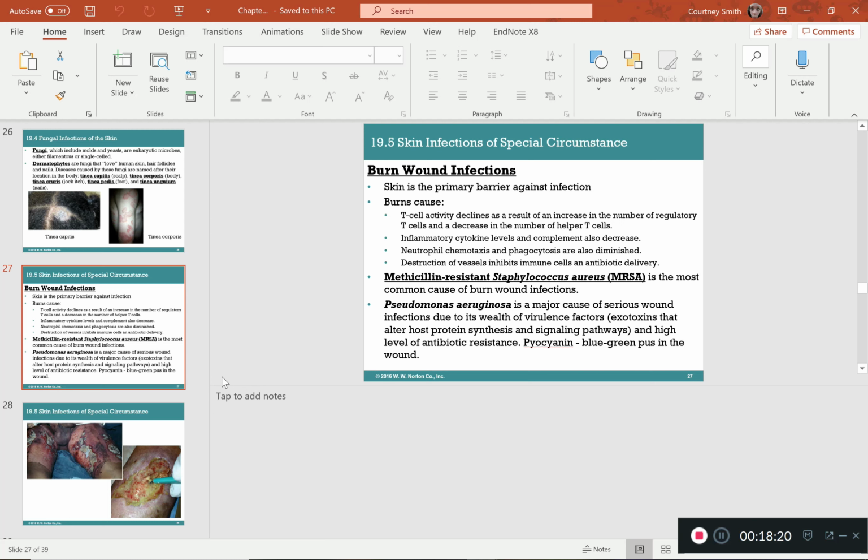The only immune cells being upregulated are Tregs. So just know the big picture. Like I said, definitely know P. aeruginosa, which has the hallmark of green-blue pus. I think that's the big picture for wounds. Yeah, let's go with that.